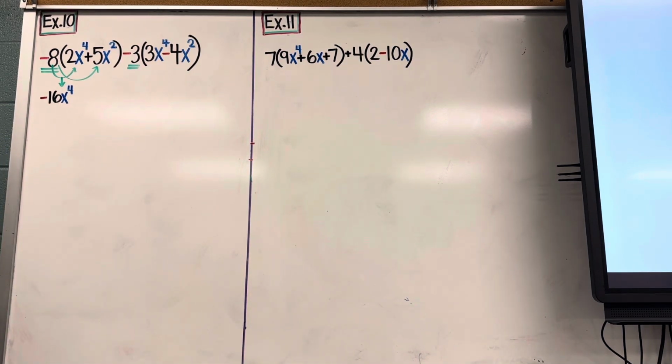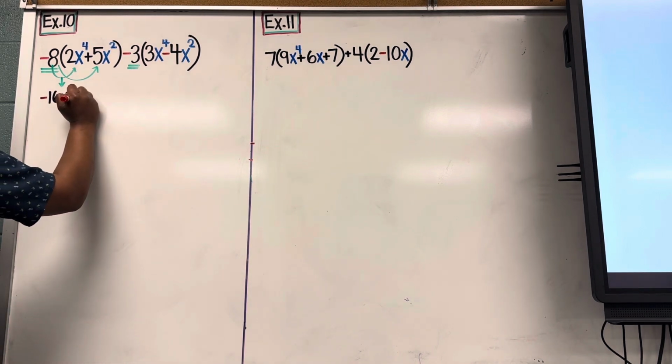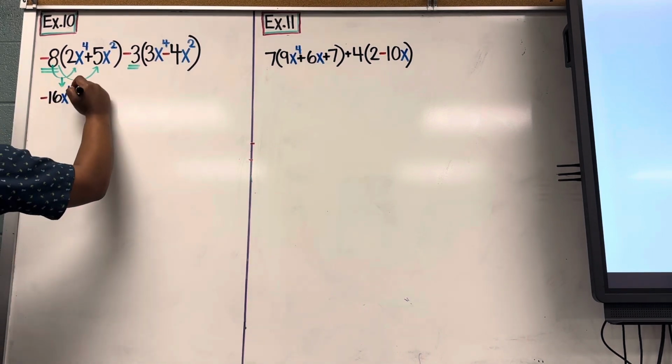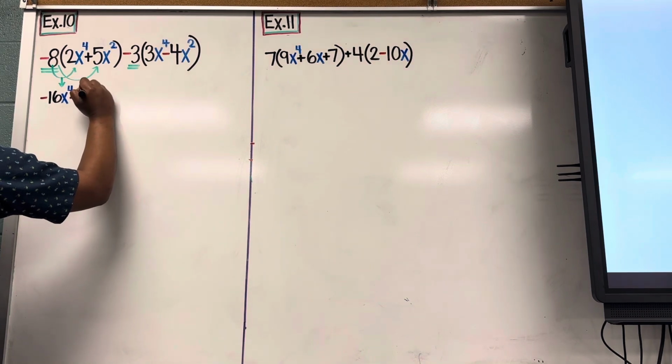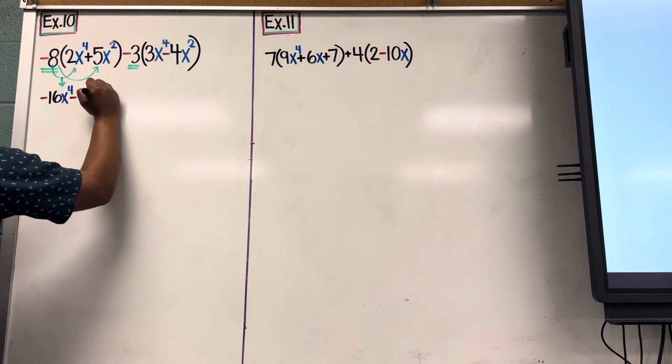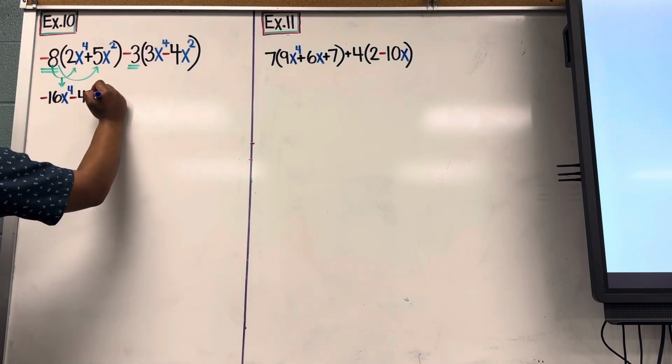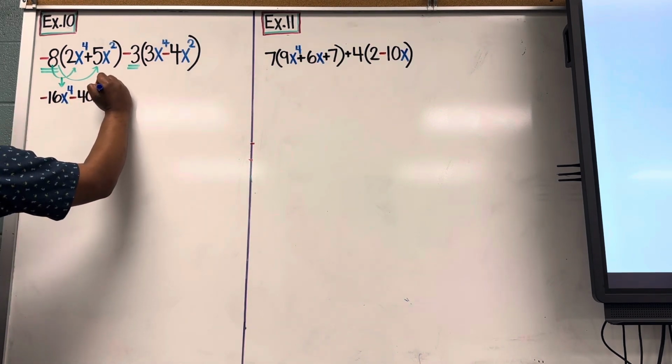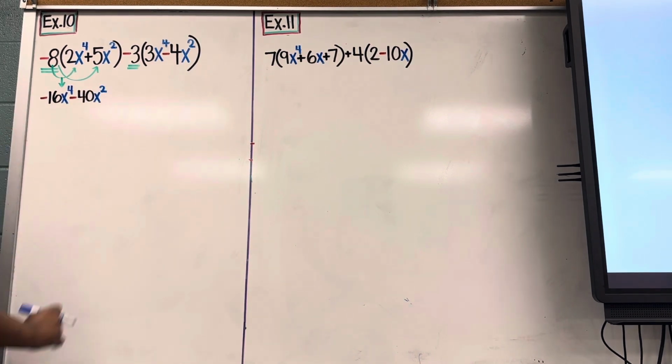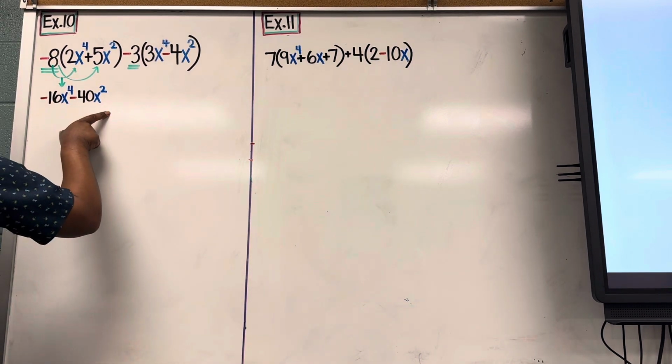Negative 8 times 5 is a negative 40. So that's going to be minus 40x squared, or x to the second power. Okay, so I have successfully distributed everything out of the first parentheses.